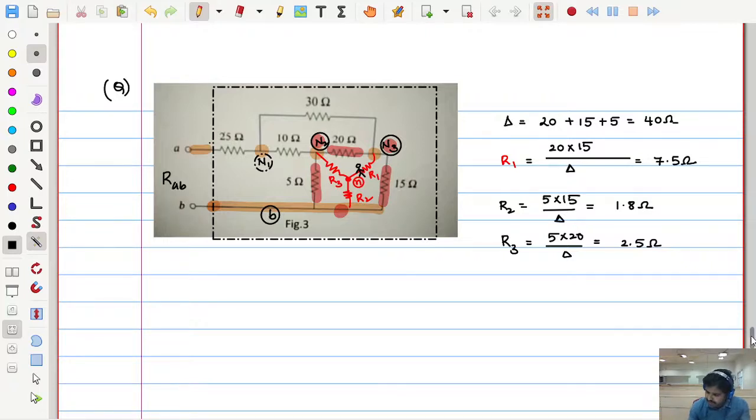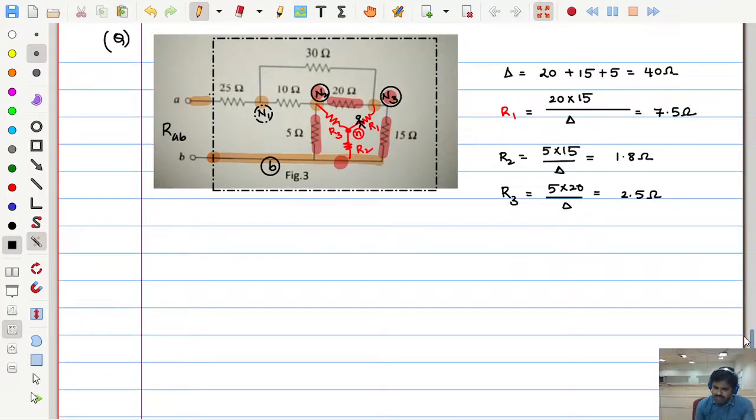Now what I will do is here. You should be very careful. So try to redraw the given circuit as it is. First 25 ohms is there, I am drawing that. Next 10 ohms is there, I am drawing that. Next on the upper side 30 ohms is there, I am taking that also.